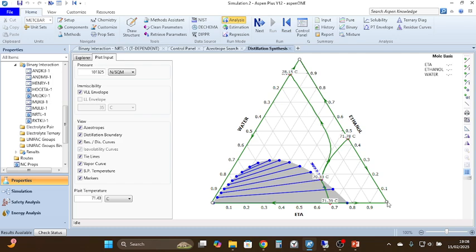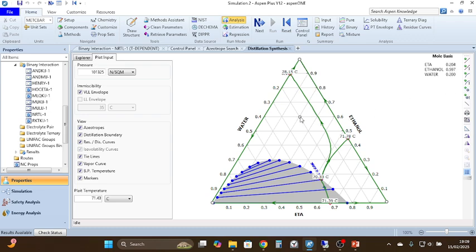So this point over here gives us ethyl acetate. Ethyl acetate is 99.4 over here. Now, how to read this graph: if we want to plot a point, we usually add a marker over here.